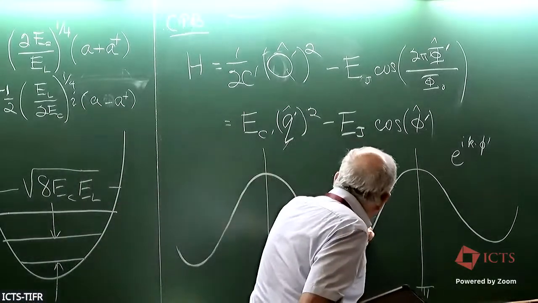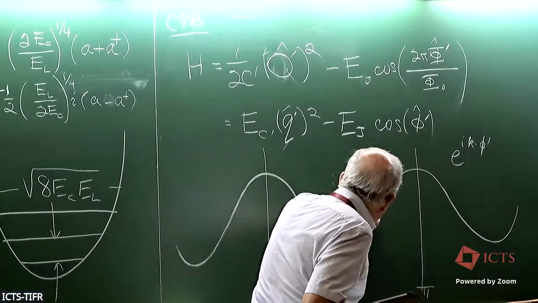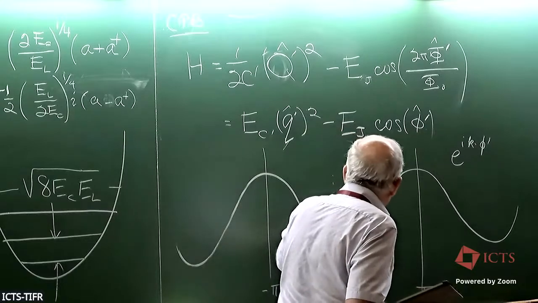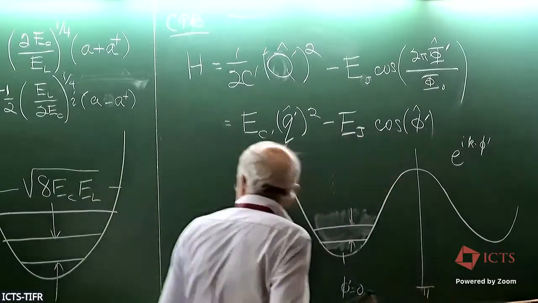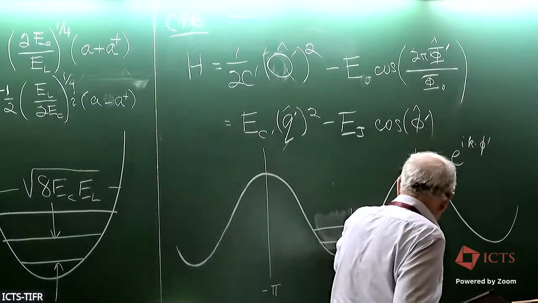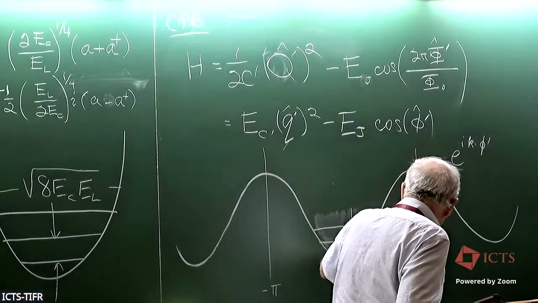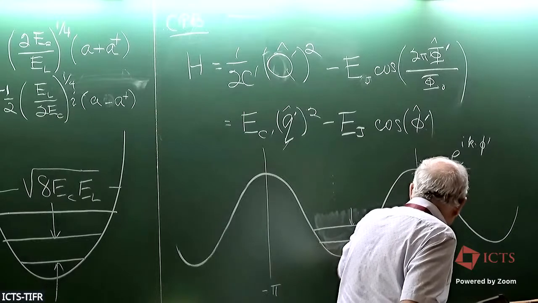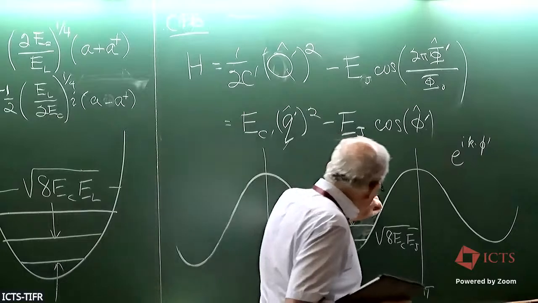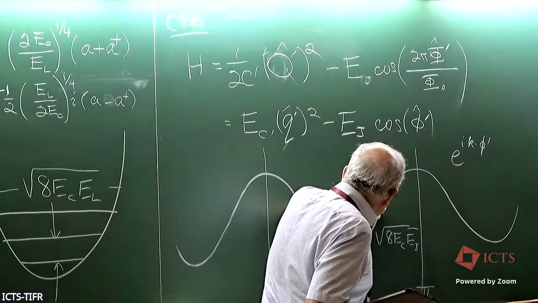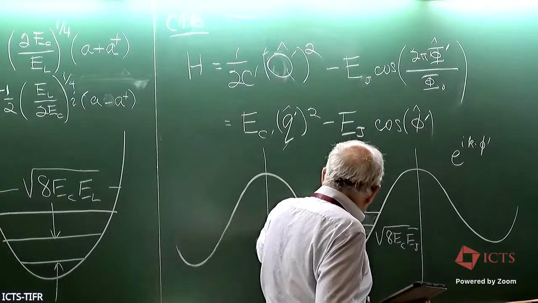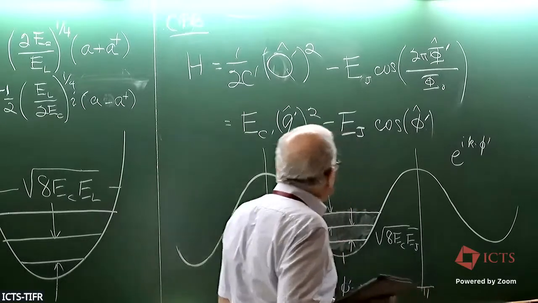And then with energy spacings that, the first energy spacing is indeed exactly this formula, except with Ej, square root of 8 EC Ej. And then the next energy level is almost that, the energy spacing, I should say.